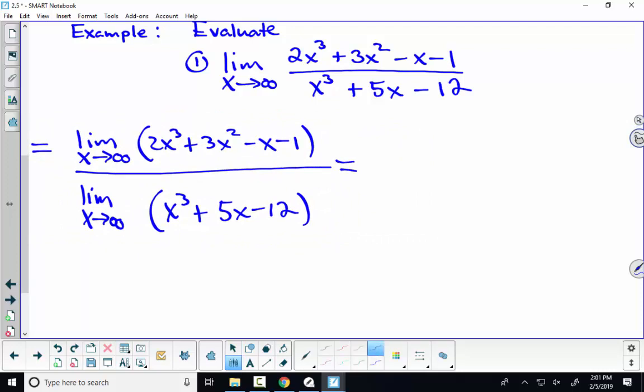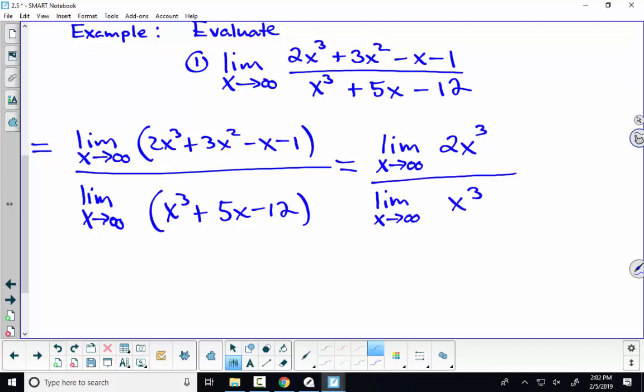To evaluate the limit in the numerator, all I need to do is look at the leading term. So this limit up top is equivalent to the limit as x approaches infinity of just 2x cubed. Similar thing in the denominator: it's equivalent to the limit as x approaches infinity of x cubed.